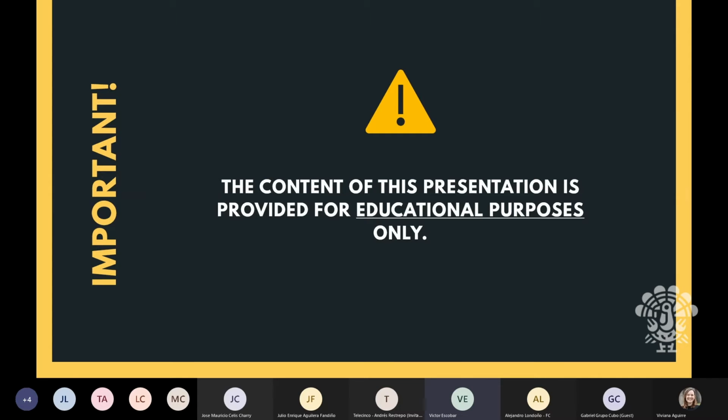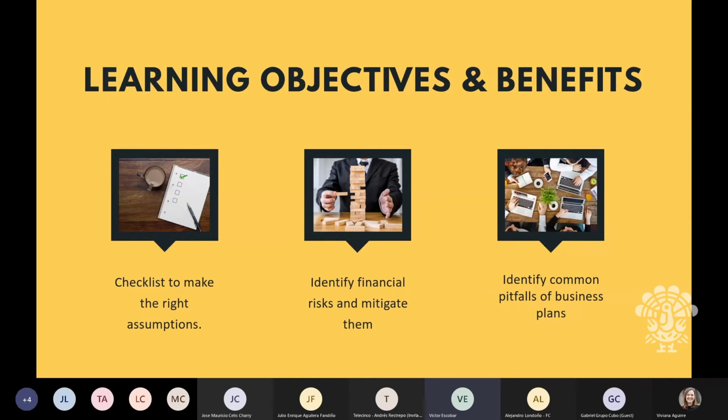Let's begin with the learning objectives and benefits of this session. We have 3 main learning objectives. The first one is a checklist to make the right assumptions related to your financial status right now and your company's financial status.